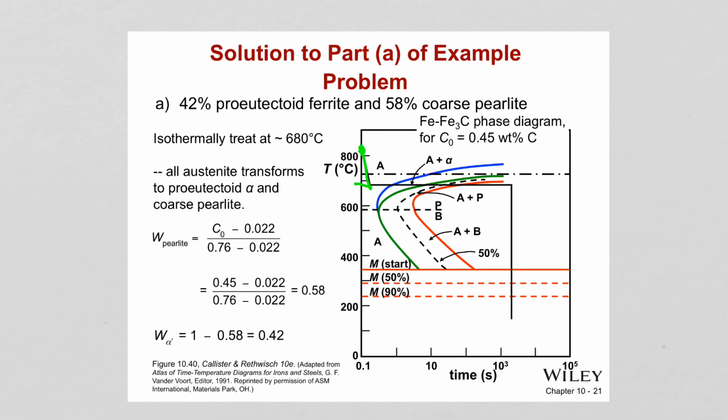So I keep my material at that temperature, 680, and it will create a slow transformation. From the austenite phase, we first need to form the ferrite, right? Ferrite is forming. It is the pro-eutectoid ferrite. What the blue line is showing you is the region where, from austenite, we first form the ferrite alpha.